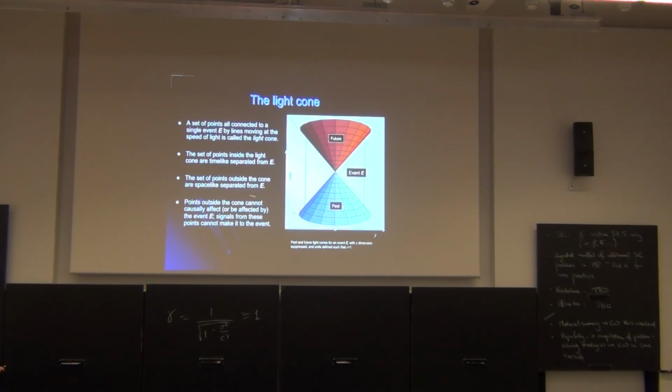Okay? Now, an interesting thing to think about, and again, this requires, I would suggest, some thought, is that anything that is outside one of these light cones cannot be causally related to this. So that means those two events cannot cause each other. So they cannot be related to each other by causality.